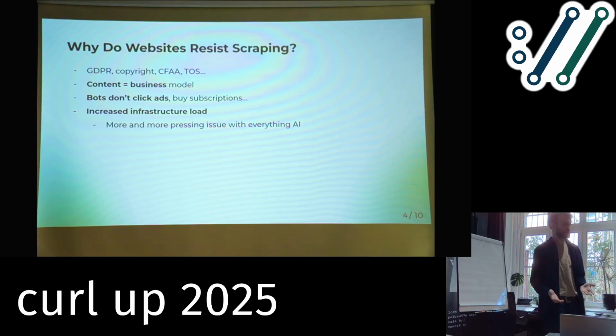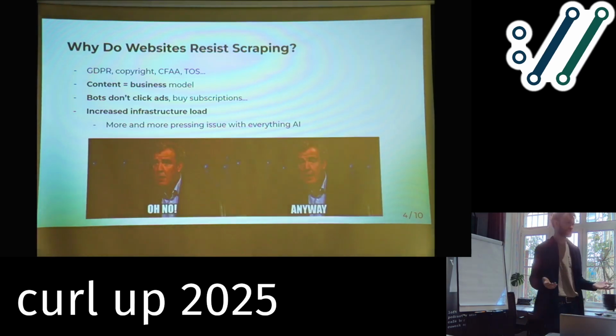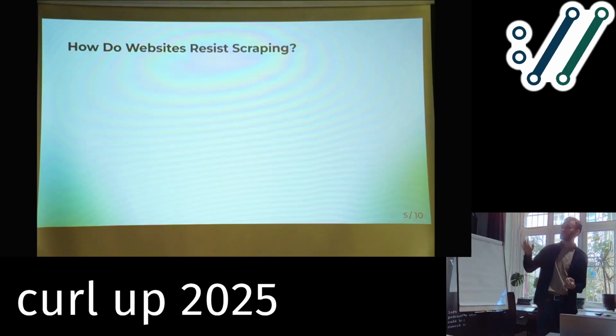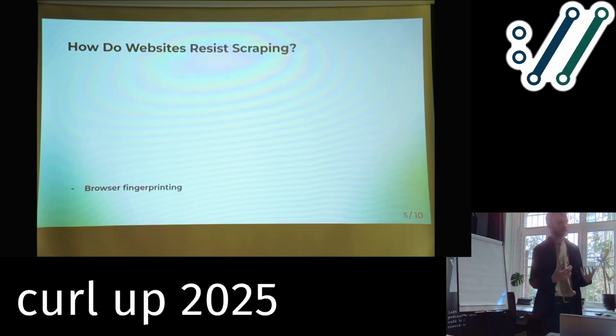Well, now that we know this, we can decide to just ignore that and think about how the websites resist scraping, because that's a bit more interesting, because we're trying to overcome that, right? So when you see that Cloudflare CAPTCHA page, sometimes it just loads for a bit before it shows you the actual CAPTCHA you have to click. What it does at that point is it runs some JavaScript checks in the background.